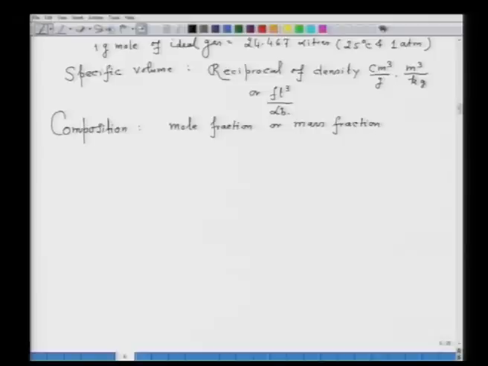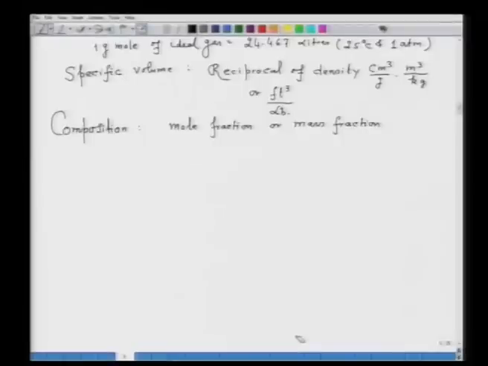It is very simple. If you have the different elements in a mixture, then you find out the moles of each element, find out the total moles and divide. If you divide the moles of an element by the total moles, then you get the mole fraction. Similarly, for mass, add the total and divide it and you get the mass fraction.